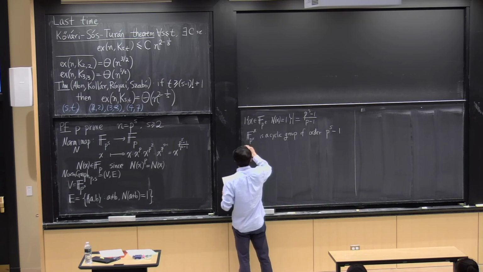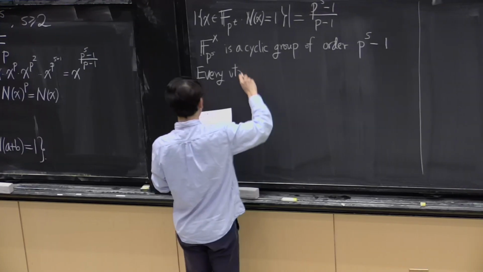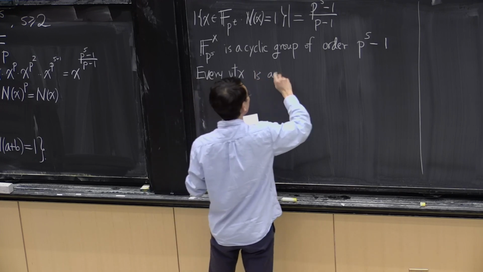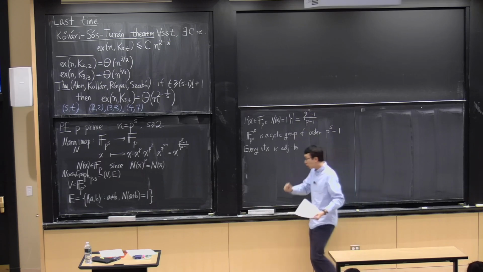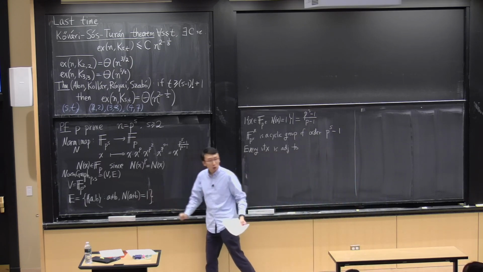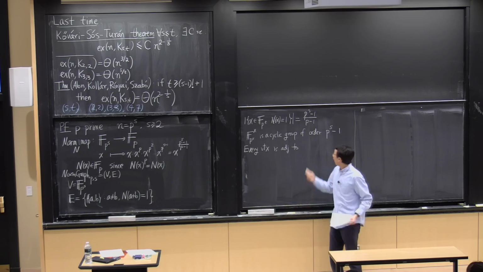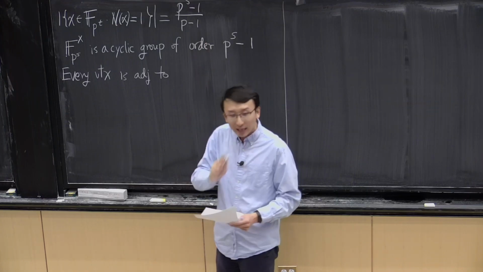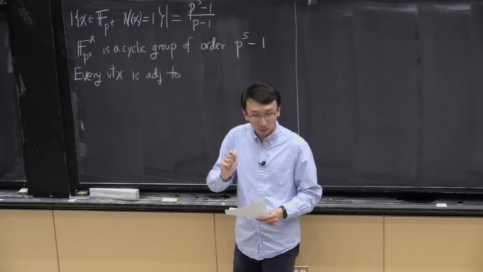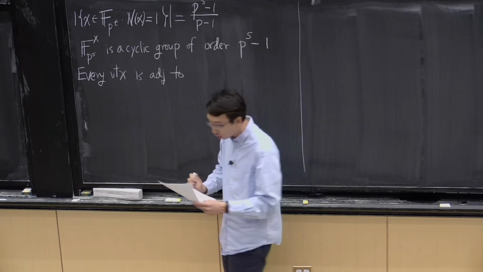And so as a result, every vertex is adjacent to, well, how many vertices? For every given A, I need to solve for B. Basically this many solutions, but I have to be slightly careful because I don't want loops in my graph, so I may need to subtract 1.